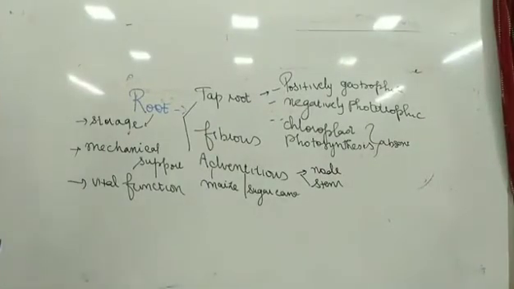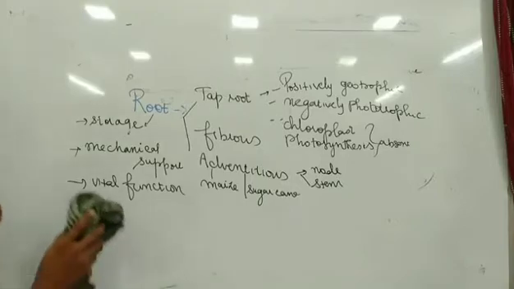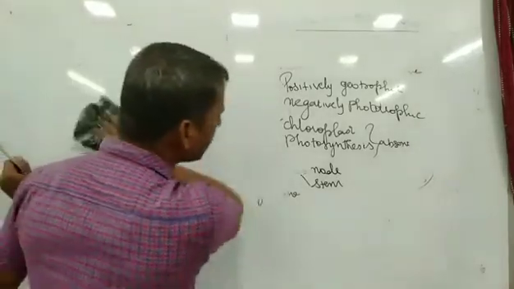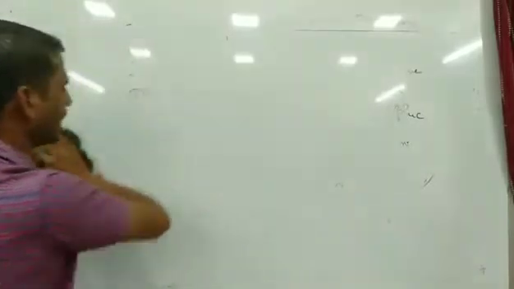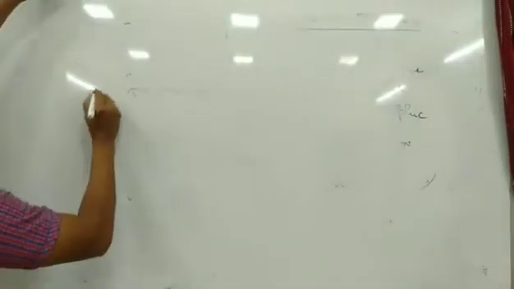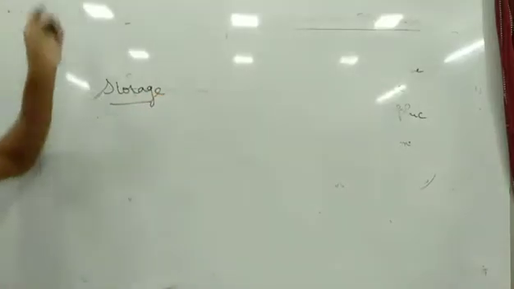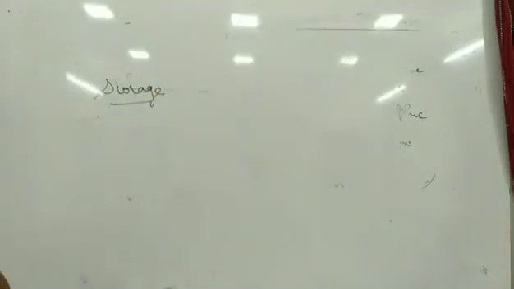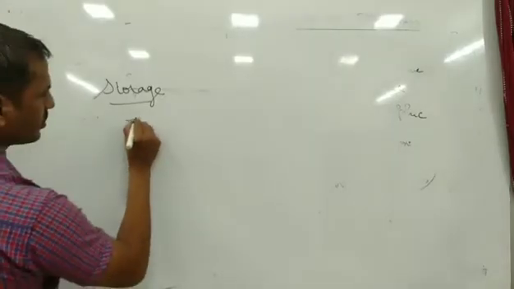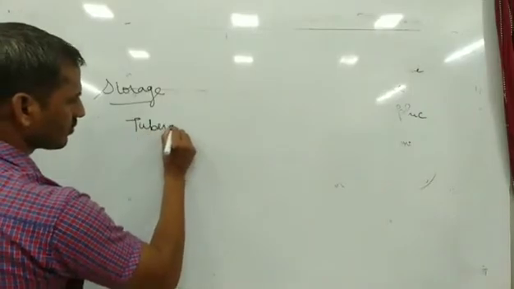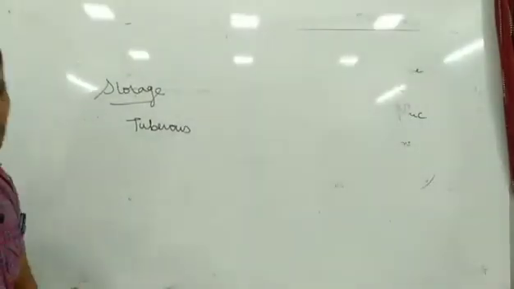So the root system: tap root, fibrous root, adventitious root. Based on storage of food material, roots are divided into four categories. The first is called the tuberous root.